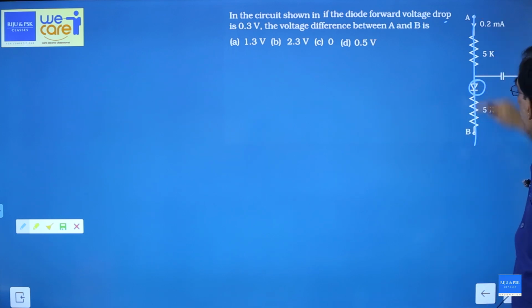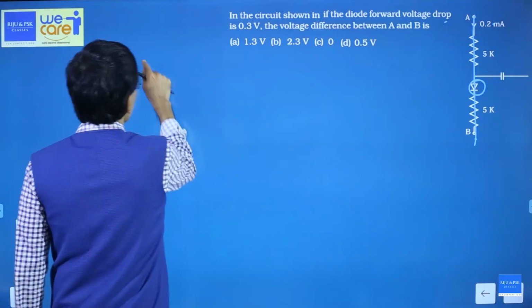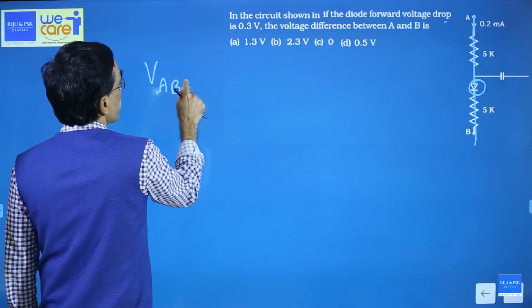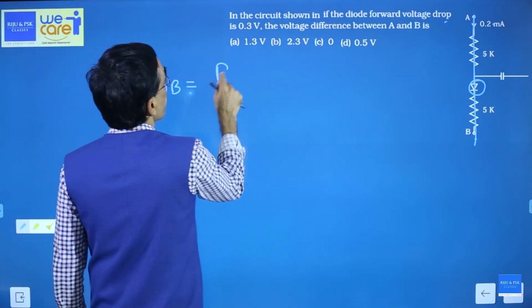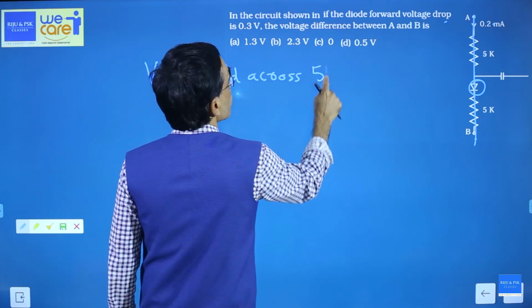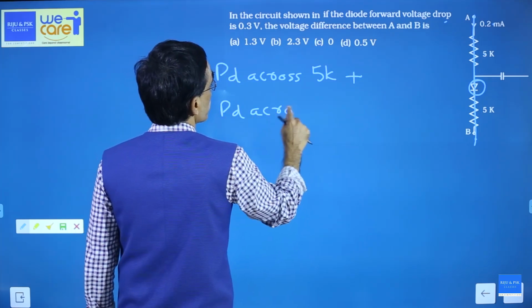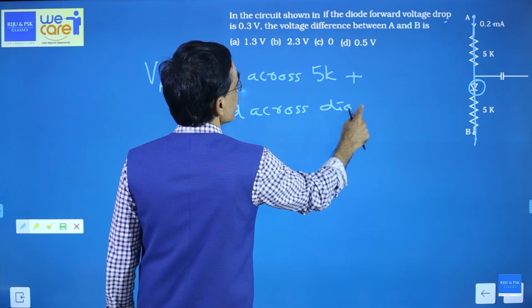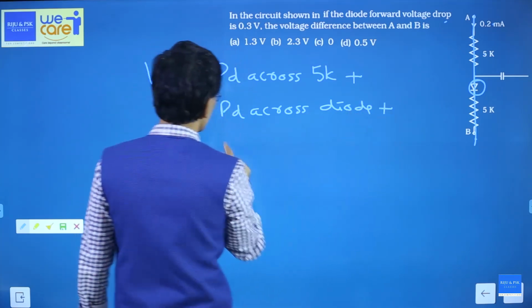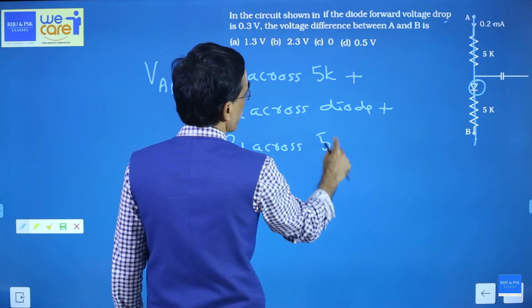You can see that between A and B, there are two resistors in series, and there is a drop here. So simply sum up all the potential drops. So I can say voltage between A and B is equal to PD across 5K plus PD across diode plus PD across the second 5K.